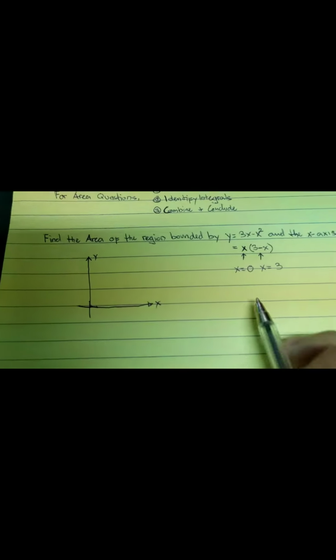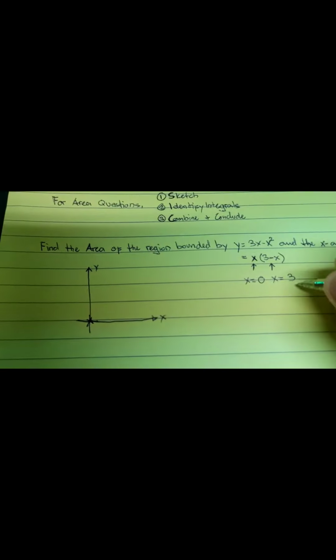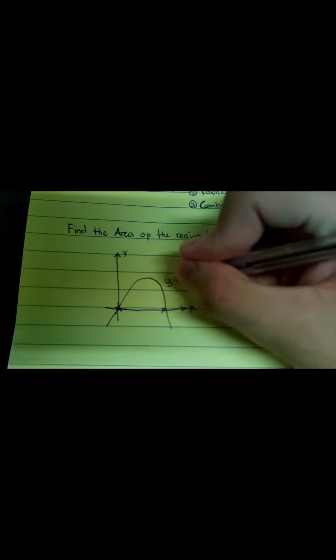Now we know that x equals 0 here, and then we have x equals 3 here, and you know that this is a parabola, upside down, so we're gonna have something like this. And this is our y equals 3x minus x squared.